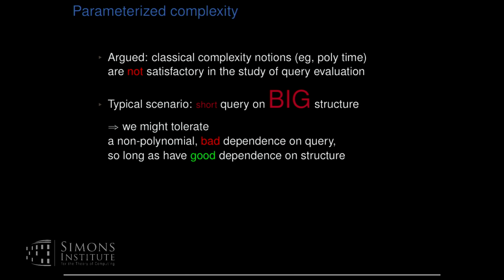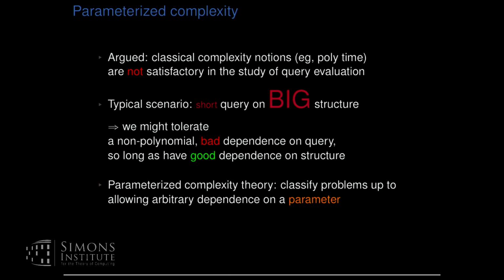And so there's a suitable complexity theoretic framework for studying precisely this type of situation, parameterized complexity theory, where essentially we classify problems up to allowing arbitrary computation on a parameter. I'll be a bit more precise in a moment. We always take the query or the formula to be the parameter, following this motivation.